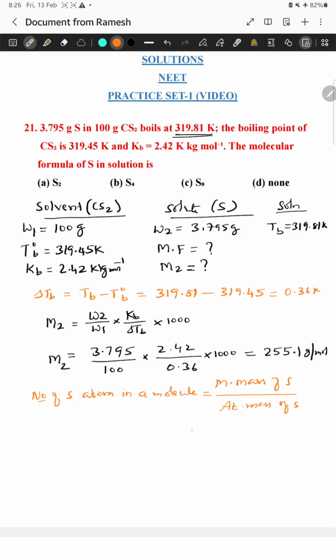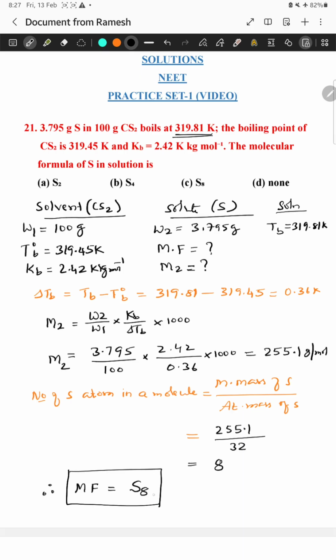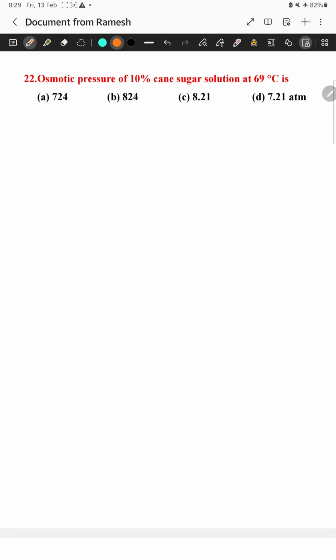The molecular mass we calculated in the above step is 255.1, and you know the atomic mass of sulfur is 32. If you divide these two, you will get 8. So the number of sulfur atoms in a molecule will be 8. Therefore the molecular formula of sulfur will be S8. So option C is correct. Question number 21, option C is the correct answer.